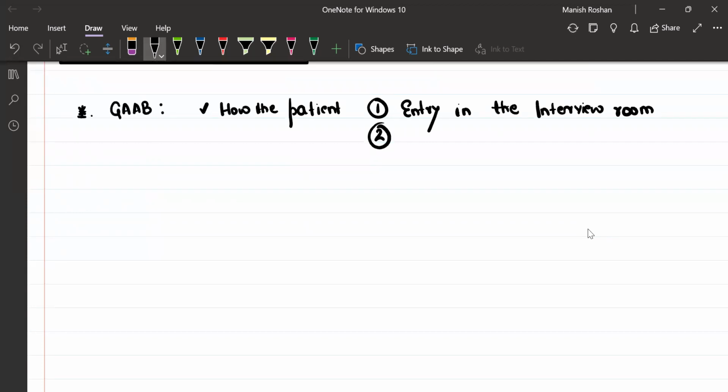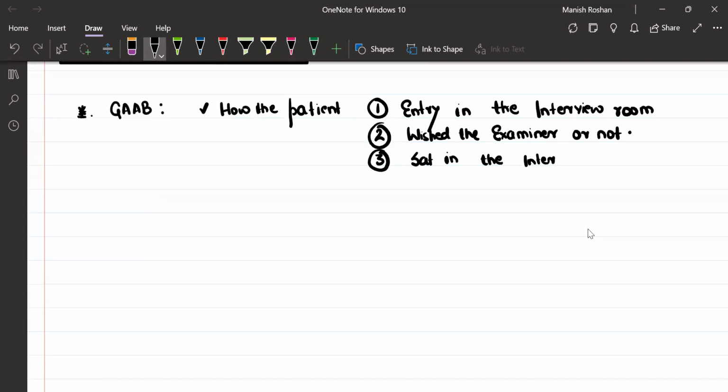Second, whether he wished the examiner or not. Third, describe how he sat in the interview room, whether the seat was taken by himself or was offered by the interviewer.